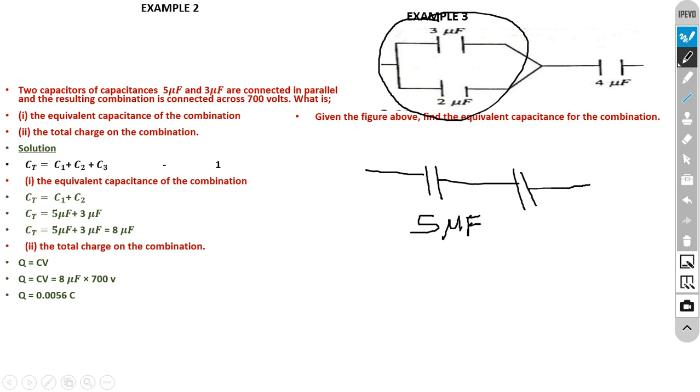And of course, we already have 4 microfarad here. So automatically it becomes a series arrangement. So from here, we go ahead and find the equivalent capacitance using the expression for a series arrangement.